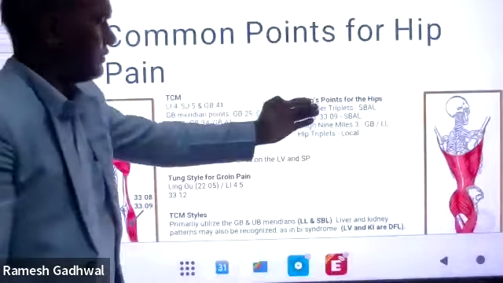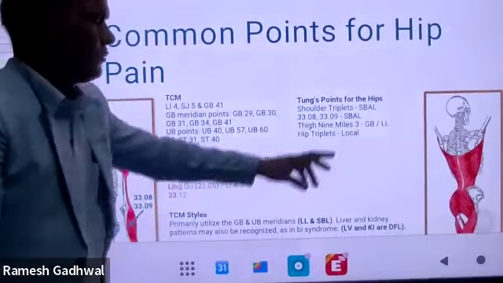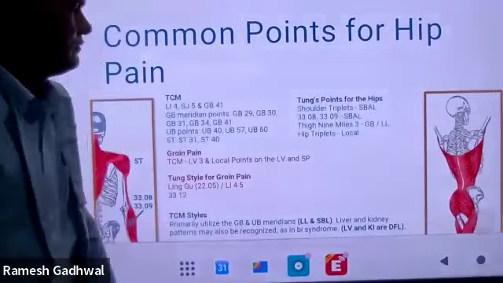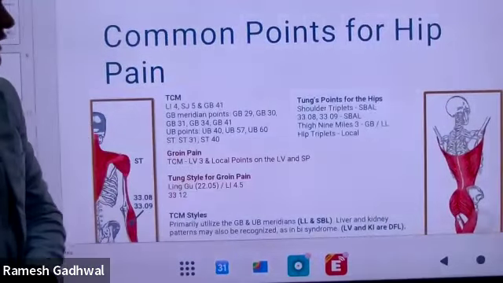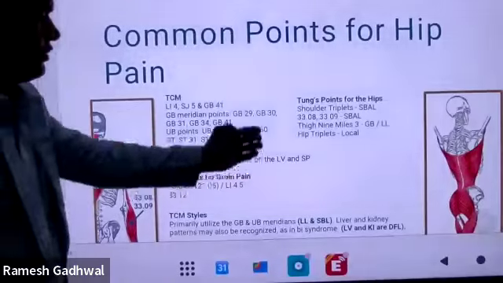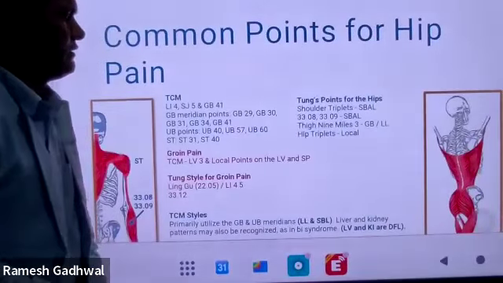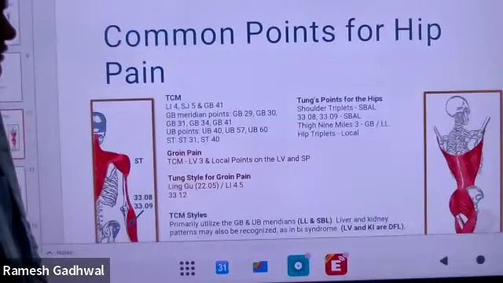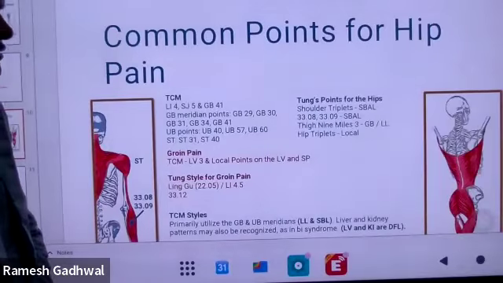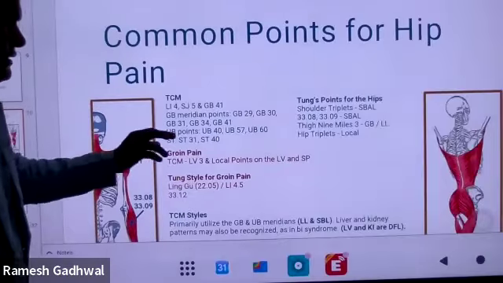Then in Tong Tan for the hip, shoulder triplets on the superficial back arm line, 33.08 and 33.09, then thigh lines, GB and lateral line. Hip triplets locate on this side.